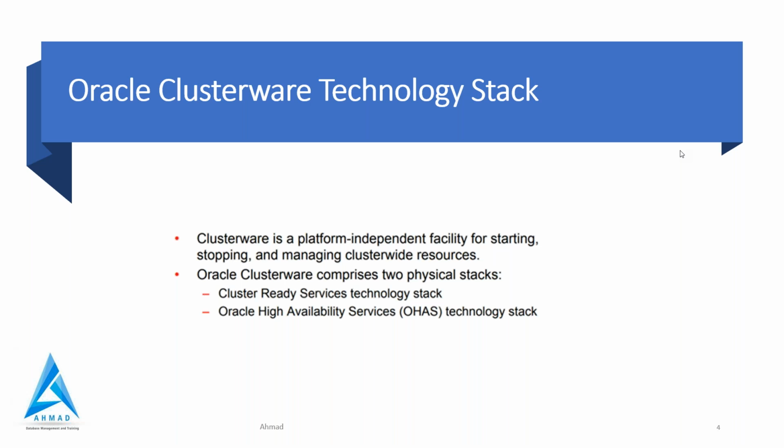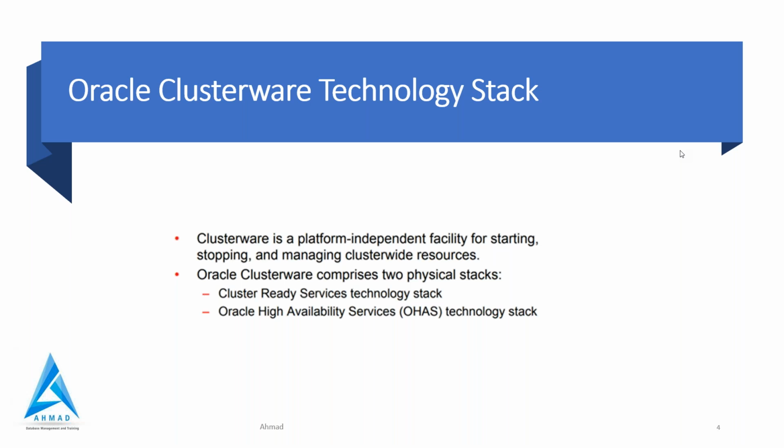This includes the startup, stop, monitor, and failover operations. Whatever these types of operations are, they are stored in the OCR, and the Cluster Ready Services stack manages these resources.